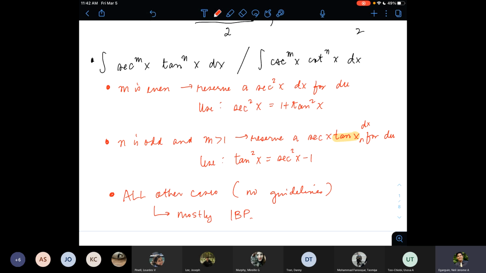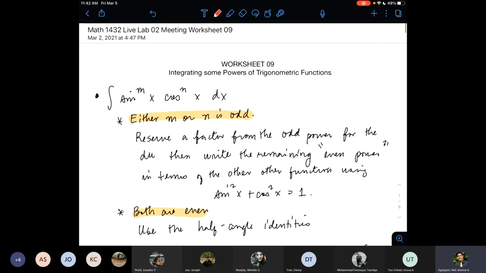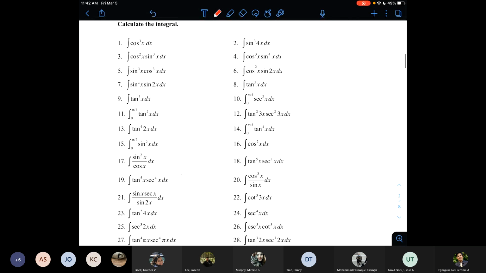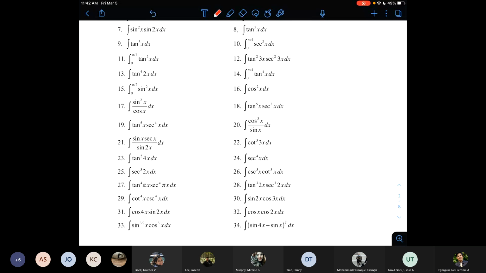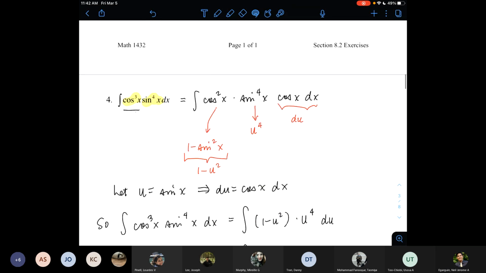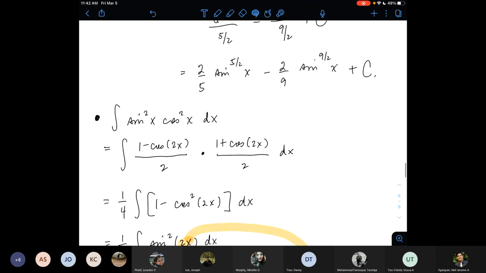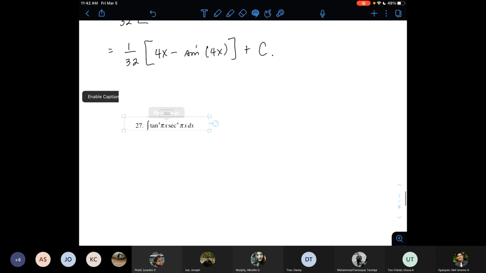So let's see some examples. Let me try problem 27. Okay, so for problem 27, we see here that the power of secant is even, so it will fall under the first bullet I wrote earlier.